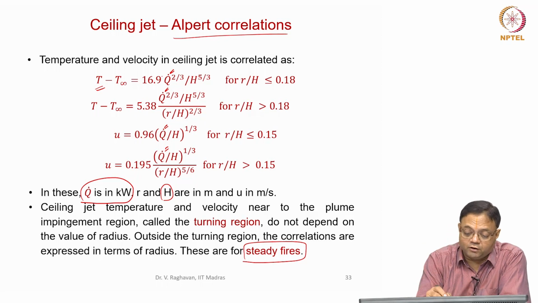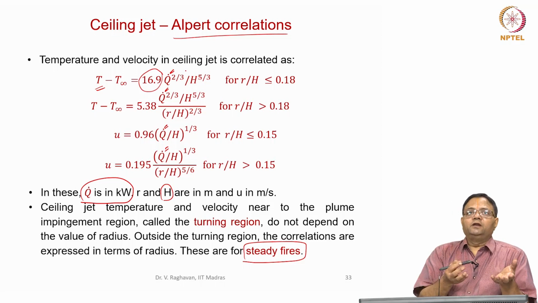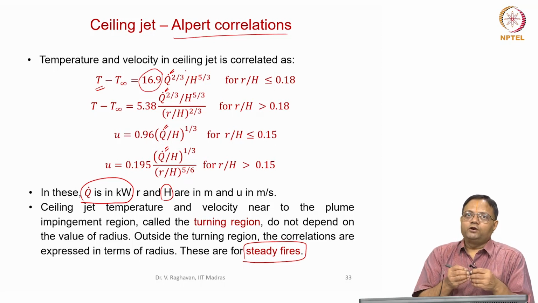Please understand this empirical constant. And Q dot power 2 by 3 we have already seen, correct? That is the dependency of the heat release. The power 2 by 3 comes from the initial analysis we have already shown.